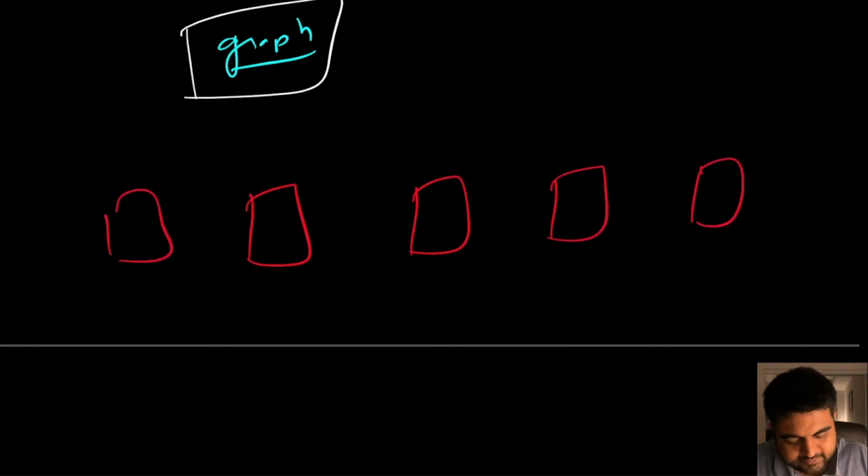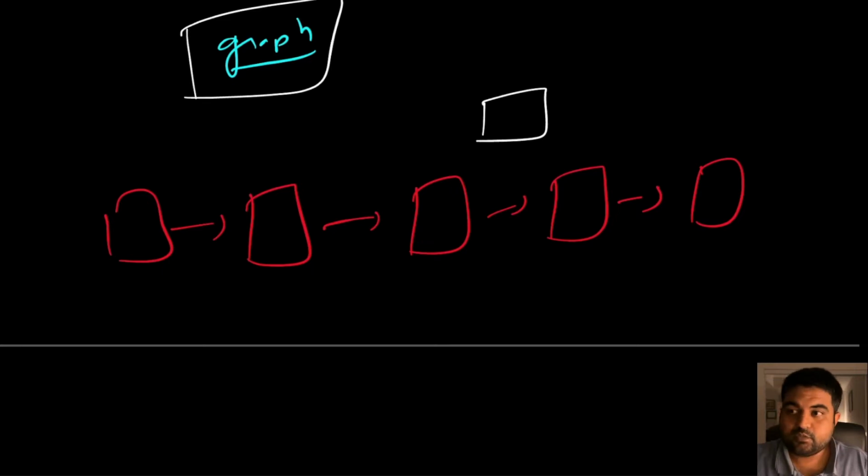Now all of these values are pointing towards each other, and this is a singly linked list. Now say that somewhere in the middle I want to include one node. If this was an array, I'm dealing with a fixed size data structure, and I need to do a lot of things in order to add this one particular node. But in a linked list, it is going to be very simple. All I need to do is iterate to the node after which I want to add this node.